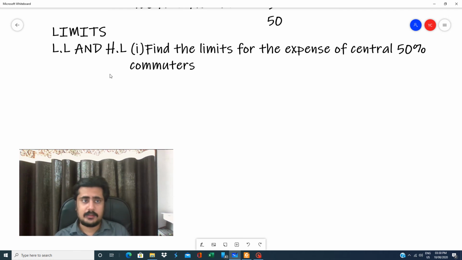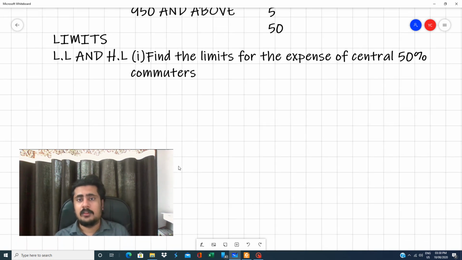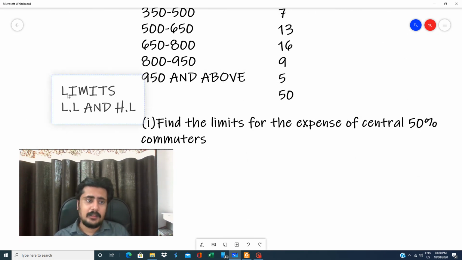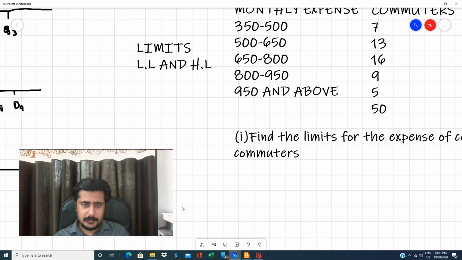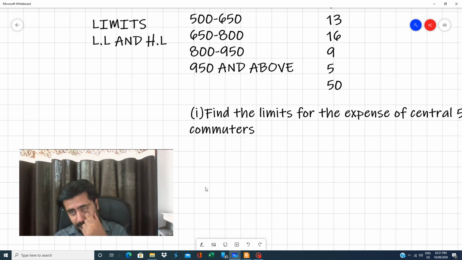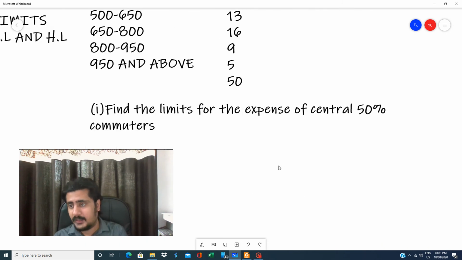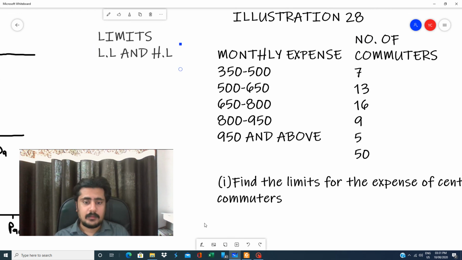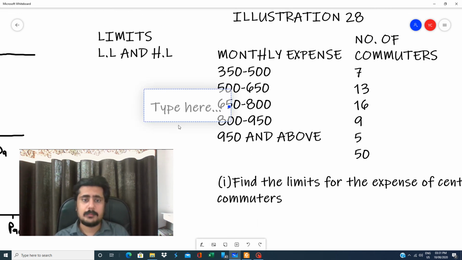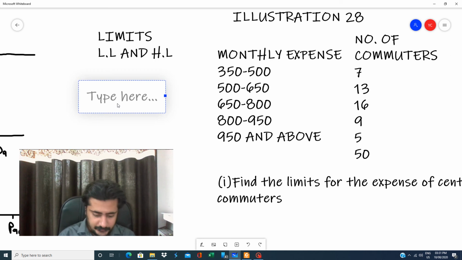Now they asked you to find the expense for central 50%. What does central 50% mean? We are coming to that central part. Let me first explain what first 50% is. They asked you about central 50%, but I am teaching you first 50% to explain in a better sense.